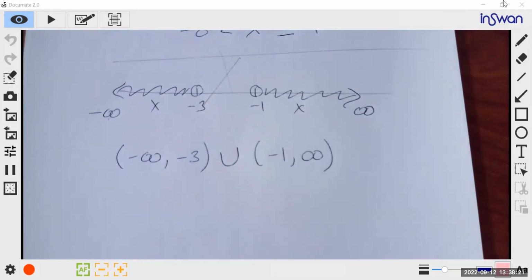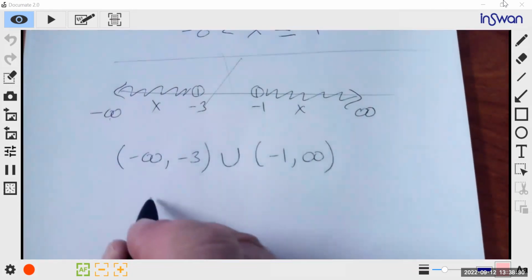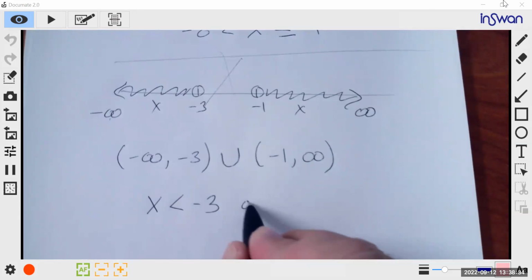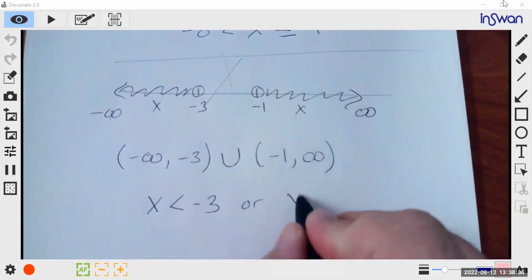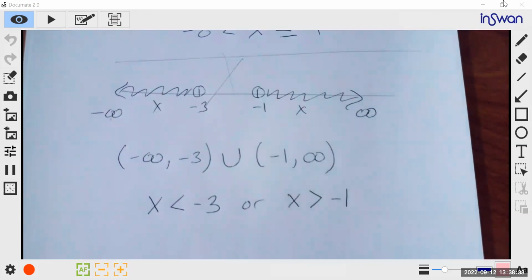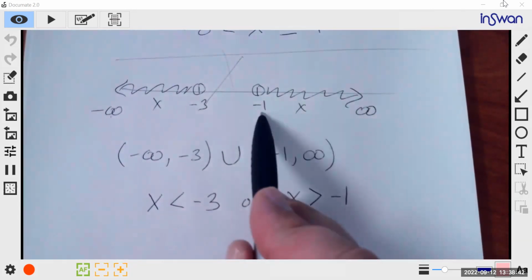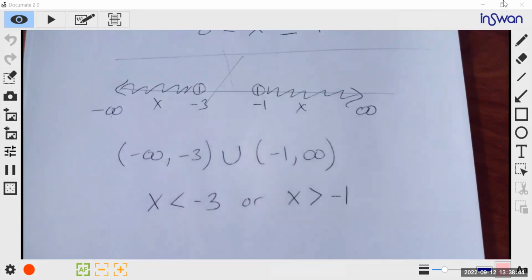I cannot use those. So my x here is strictly less than -3, or x is greater than -1. Because x is to the right of -1, or x is to the left of -3.